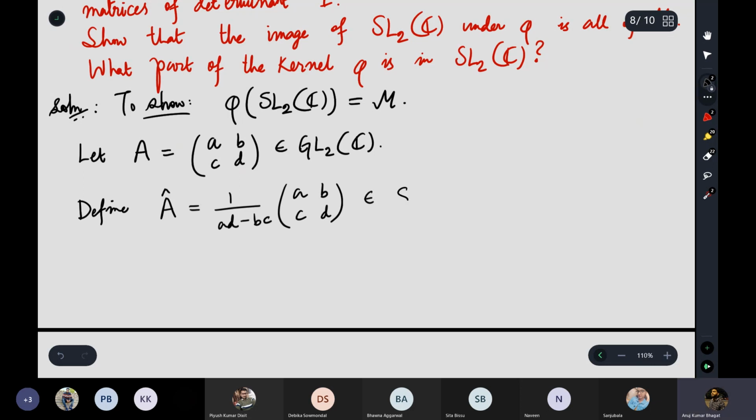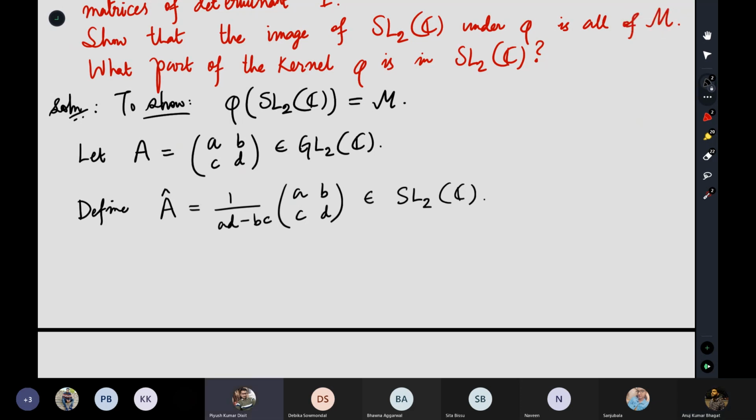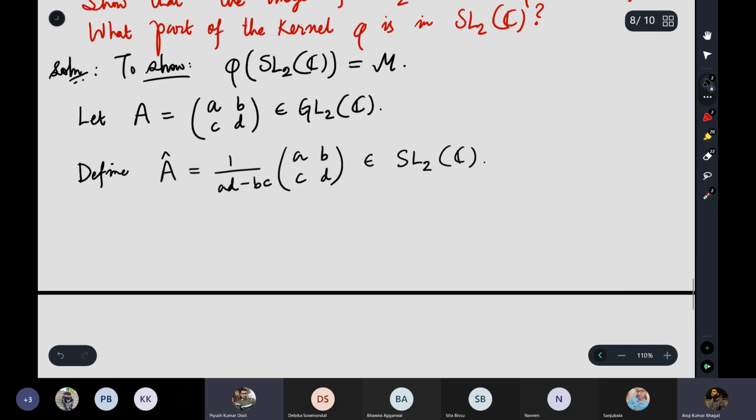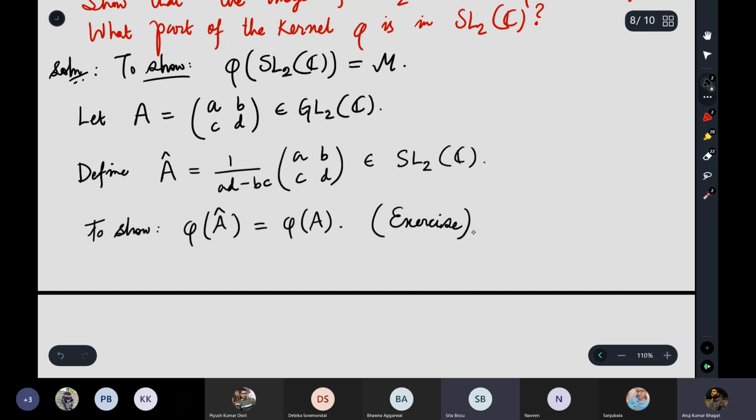Will this be a member of SL2C? Yes or no? Yes, sir. So your task is to show that phi of A cap is the same as phi of A. If you can show this, are we done? Yes, sir.